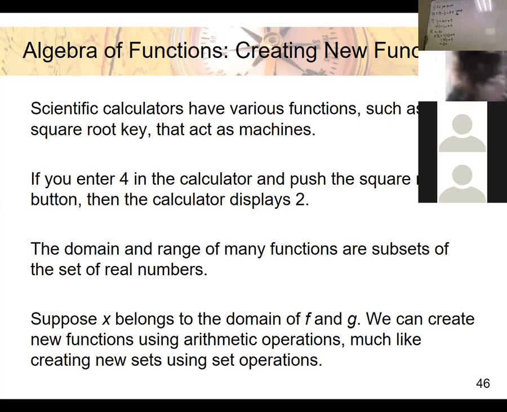All right, and then next, the domain and range of many functions are going to be subsets of the set of real numbers. And if we say x belongs to the domain of f and g, we can create new functions using arithmetic operations, much like creating new sets using set operations.